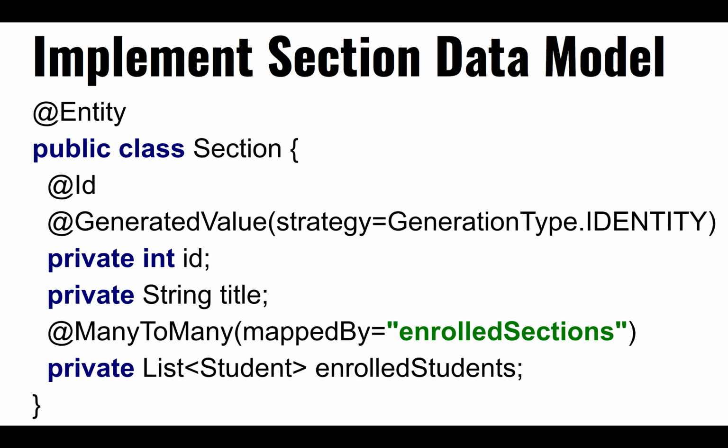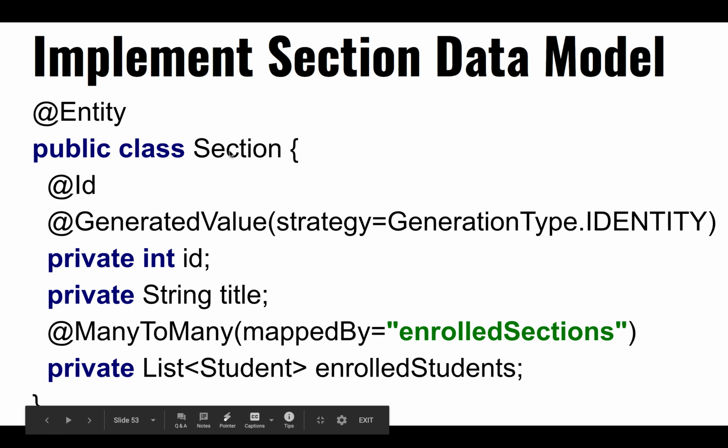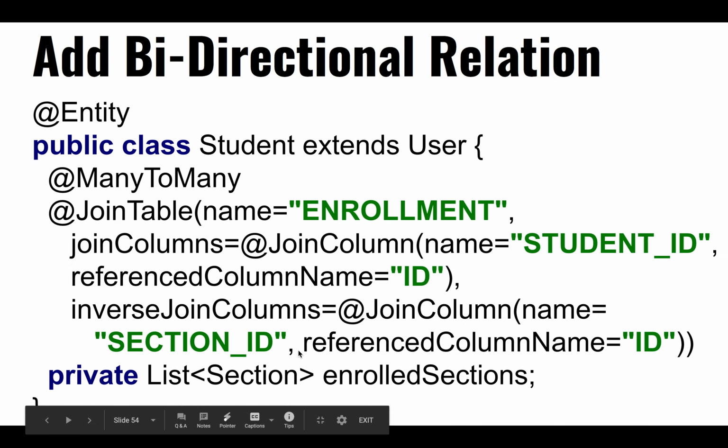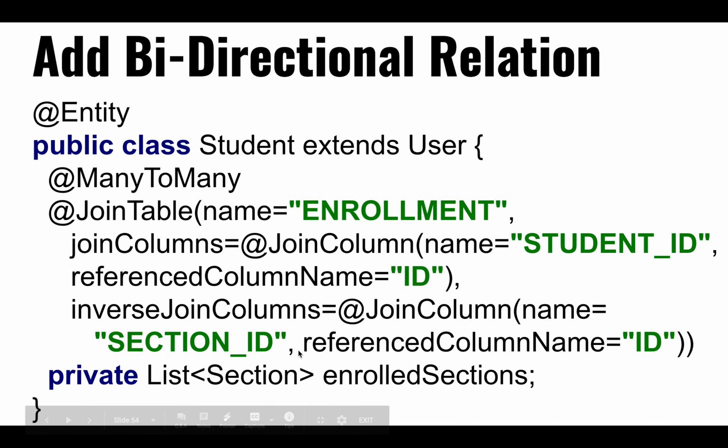If you log in as a student, you'd like to see all the sections that you're enrolled in. But as faculty or as a registrar, I'd like to look at a section and see all the students that are enrolled in that section. So each one of them has to be able to represent a collection of the other. From the section's point of view, I have a list of students, but from the student's point of view, I have a list of sections.